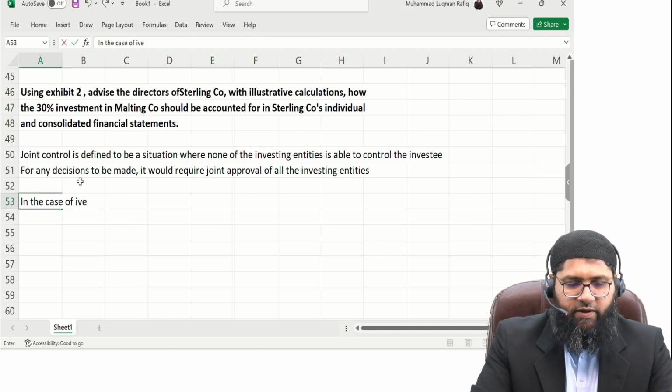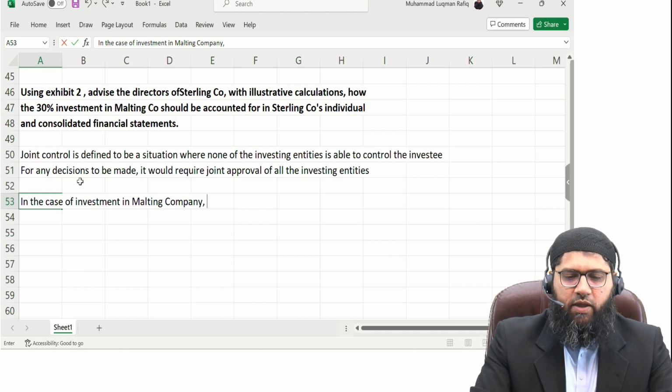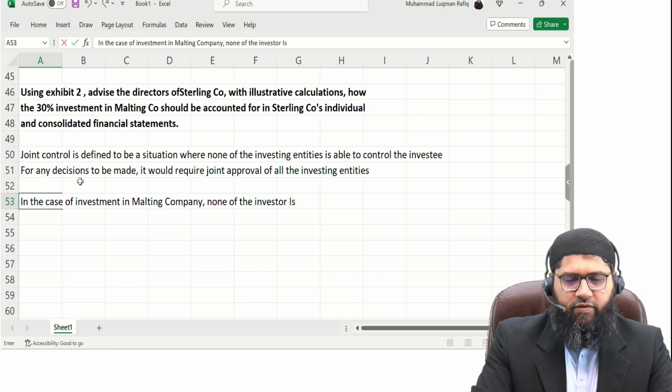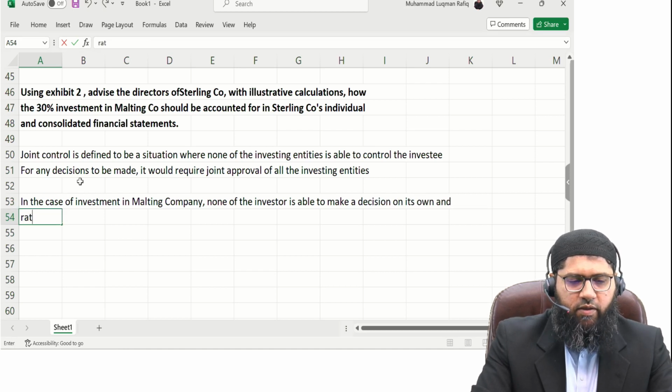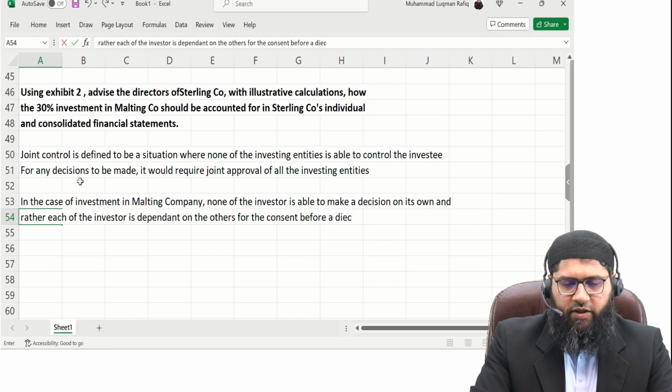In the case of investment in Malting Company, none of the investors is able to make a decision on its own, and rather each of the investors is dependent on the others for the consent before a decision is taken.